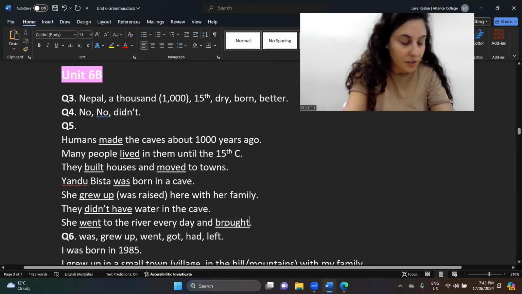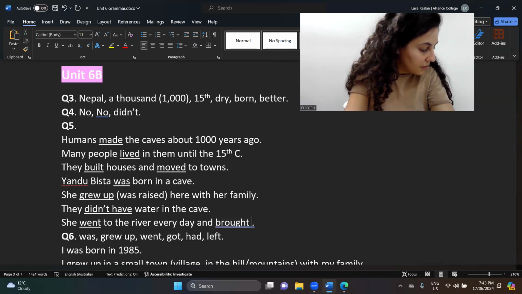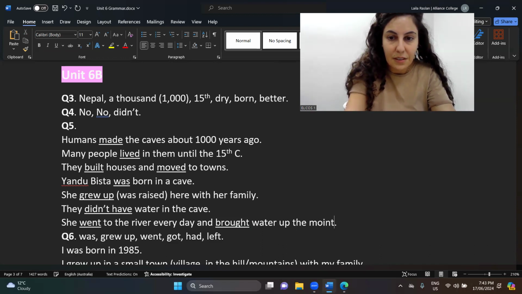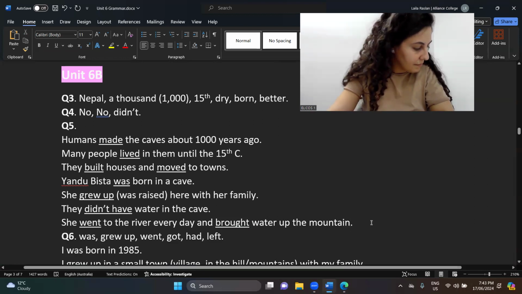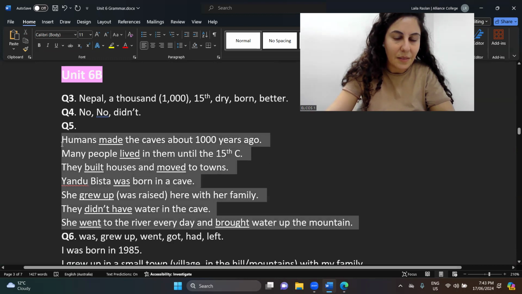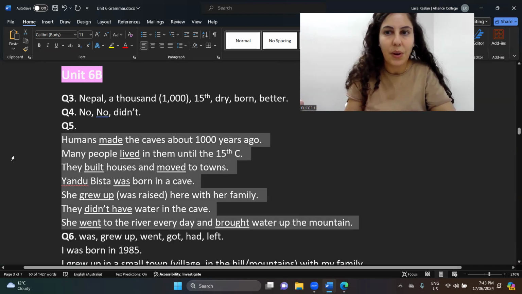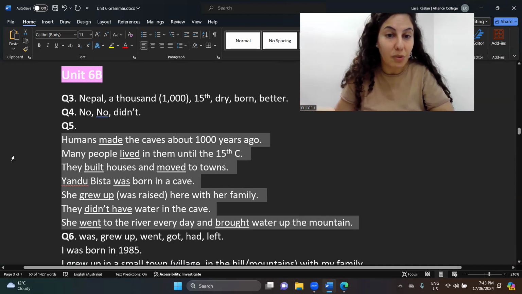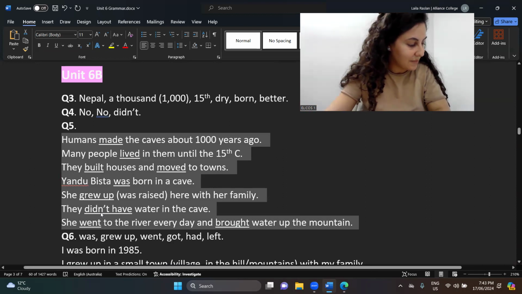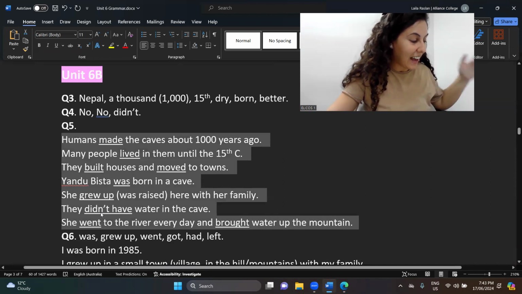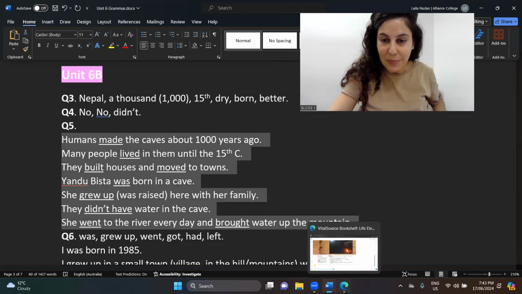So she brought water up the mountain. Okay, so we're just practicing our past simple with the regular verbs and with the irregular, and also in the negative by saying didn't. So now we're going to hear that audio again.